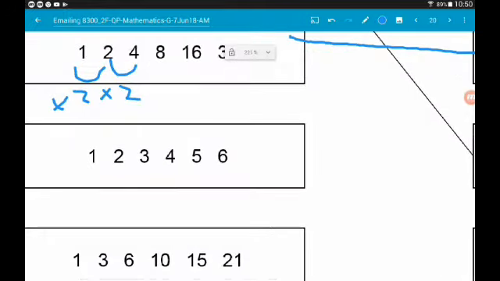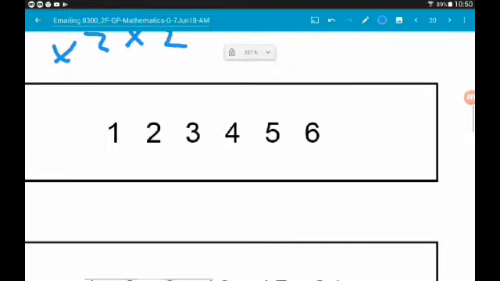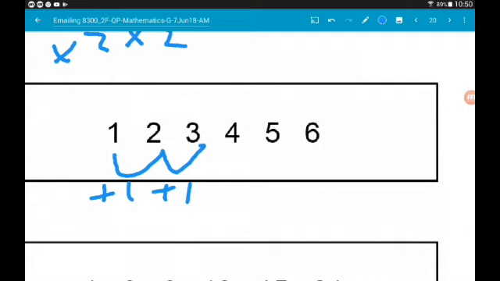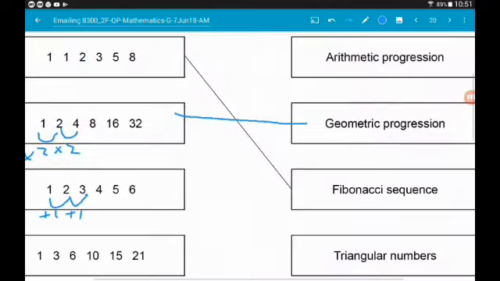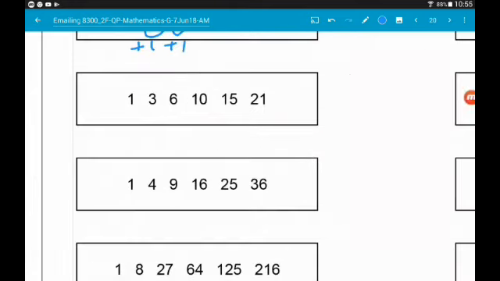Next one down, 1, 2, 3, 4, 5, 6. So here, we are adding 1 each time. A sequence where you add the same amount to each term is called arithmetic. So this guy is an arithmetic progression.